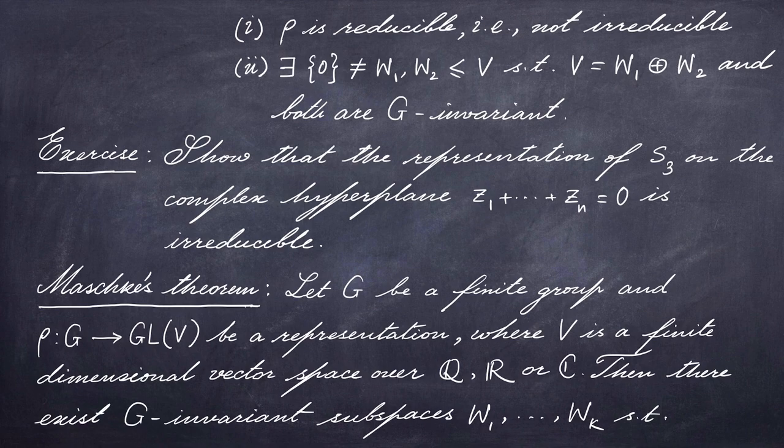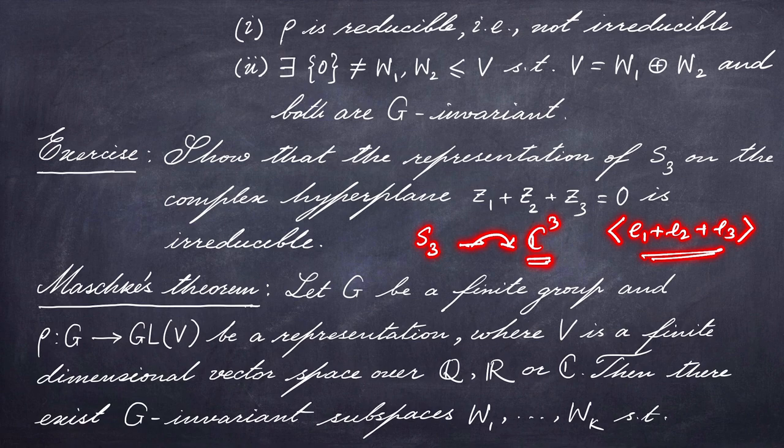And here also I would like to leave another exercise to you. We have already argued that the representation of S3 on C3 is of course not irreducible, because the subspace spanned by E1 + E2 + E3 is a one-dimensional subspace which is invariant under S3.